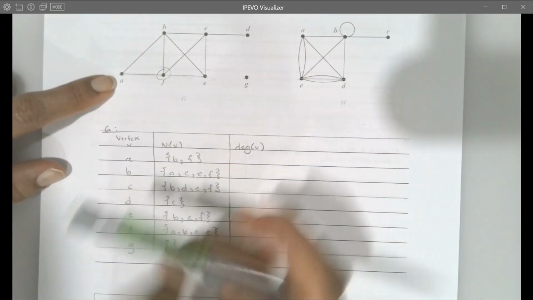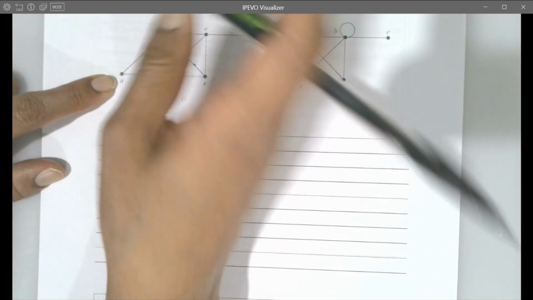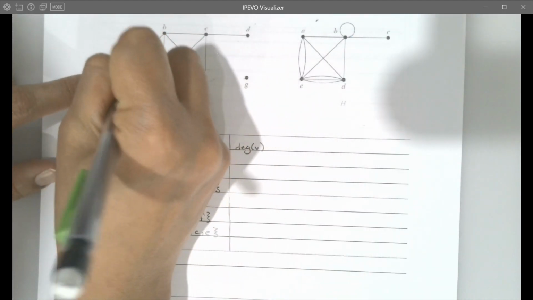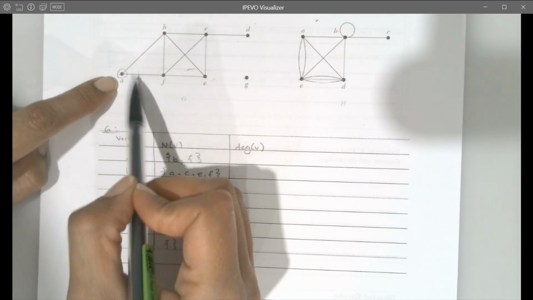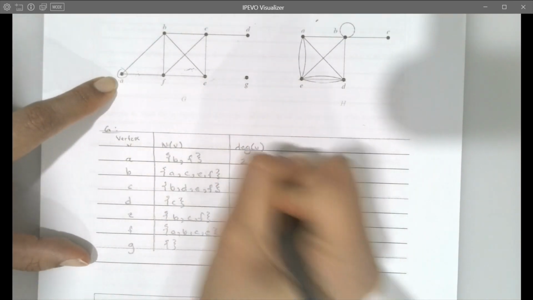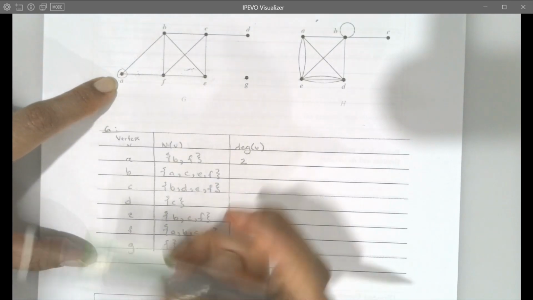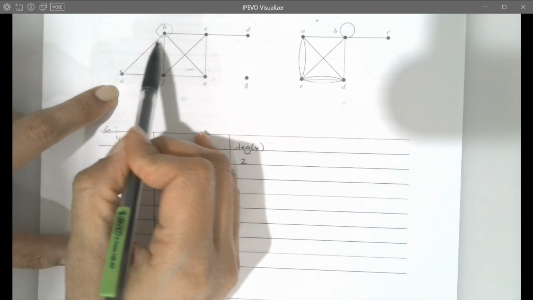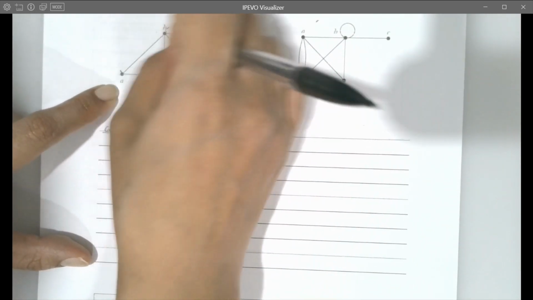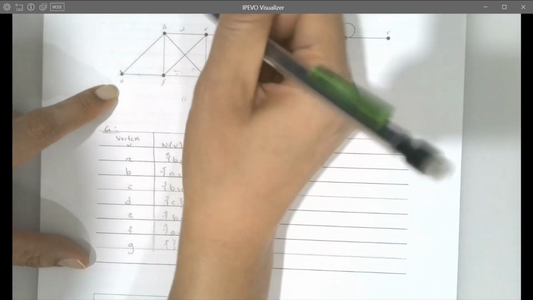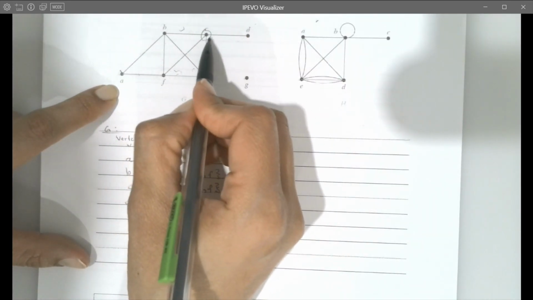Okay, so now we're focusing back on A. So there are two edges that are incident to A, so that means that the degree of A is 2. Then if we take a look at B, we have 1, 2, 3, 4. Take a look at C, we've got 1, 2, 3, 4 as well.